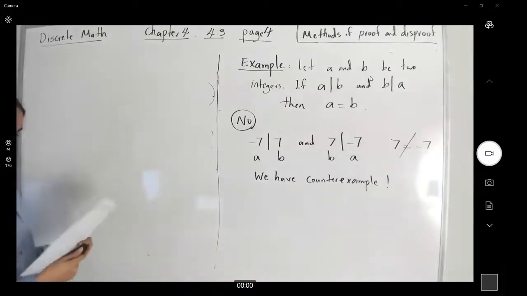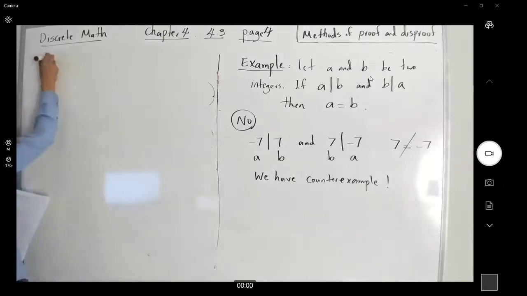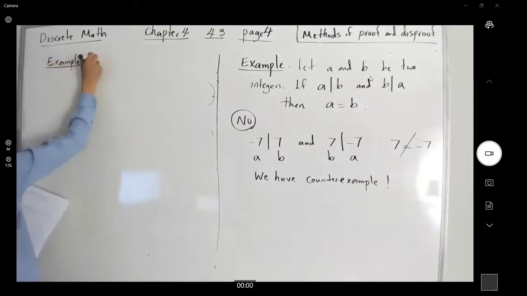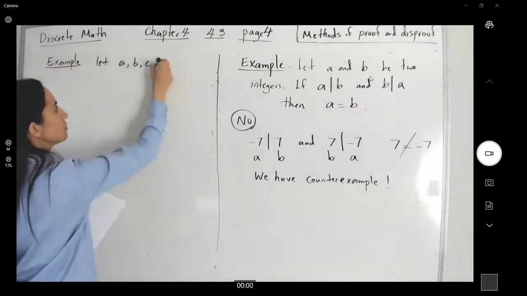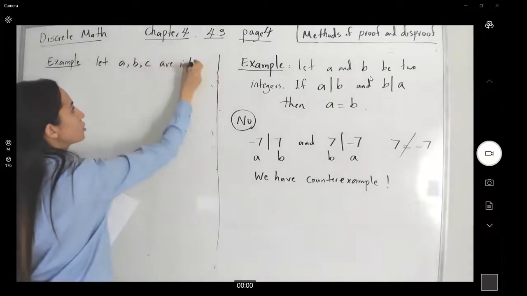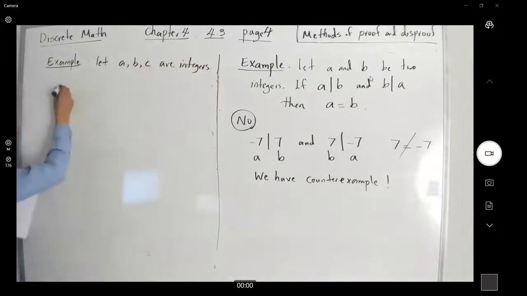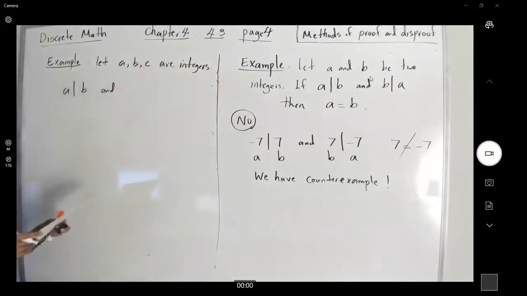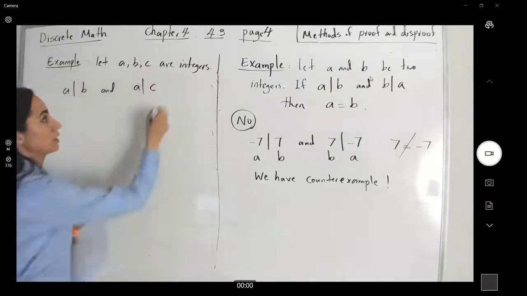So suppose A, B, C are integers. This is another example for you. Let A, B, C be integers, and suppose A divides B and A also divides C. A is a factor of C as well.